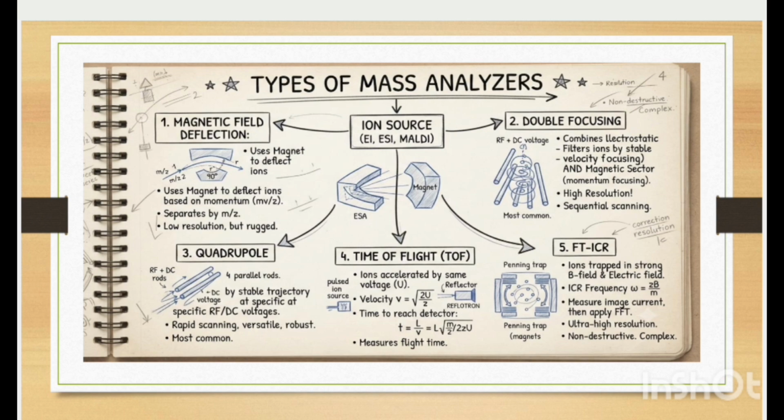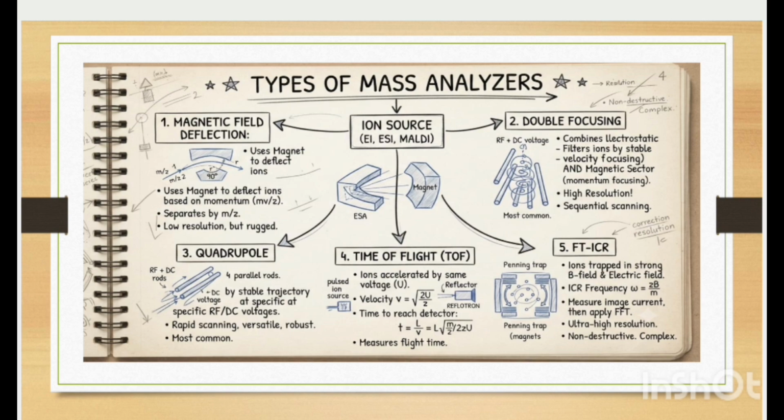A quick mnemonic to remember them is MDQTF: Magnetic sector, Double focusing, Quadrupole, Time of flight and FT-ICR. The magnetic sector analyzer uses a magnetic field to separate ions according to their m/z values. Heavier ions are deflected less, while lighter ions are deflected more.